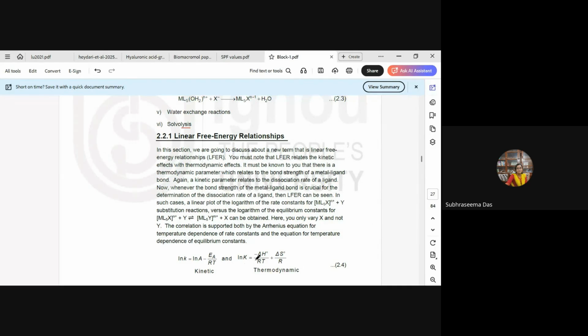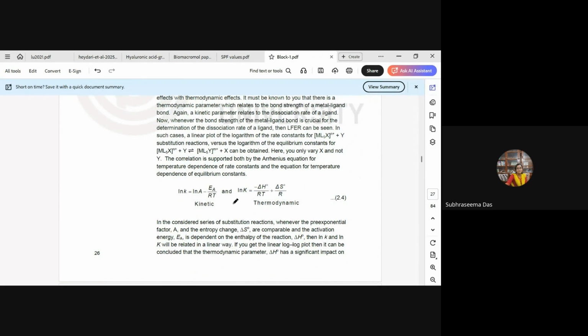When we look into the Arrhenius relation, we know that k is equal to A times e to the power minus Ea by RT. Taking the log, we see ln k is equal to ln A minus Ea by RT, and ln K is equal to minus delta H0 by RT plus delta S0 by R. This is the thermodynamic parameter.